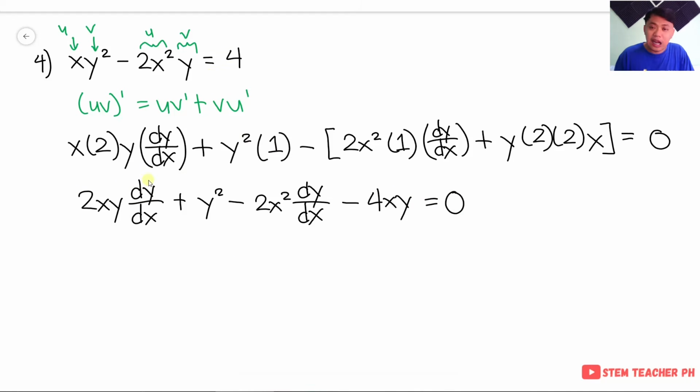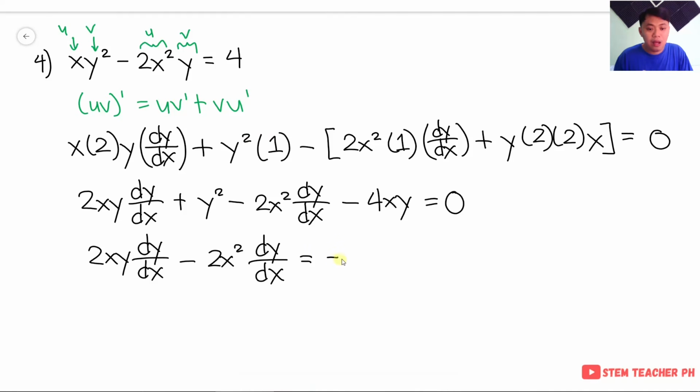Ang kailangan natin ay yung dy over dx. Again, ililipat natin sa kabila yung walang dy over dx. Kaya ang matitira sa left side, we have 2xy and then dy over dx minus, eto naman, 2x squared, and then dy over dx, tapos ililipat sa kabila si y squared, this will become minus y squared, tapos etong subtraction, pag nilipat, this will become addition, plus 4xy.